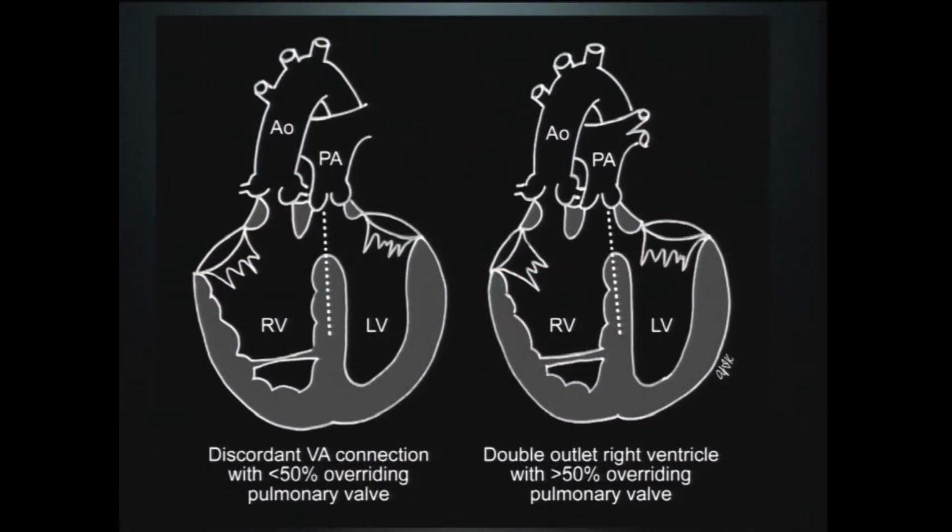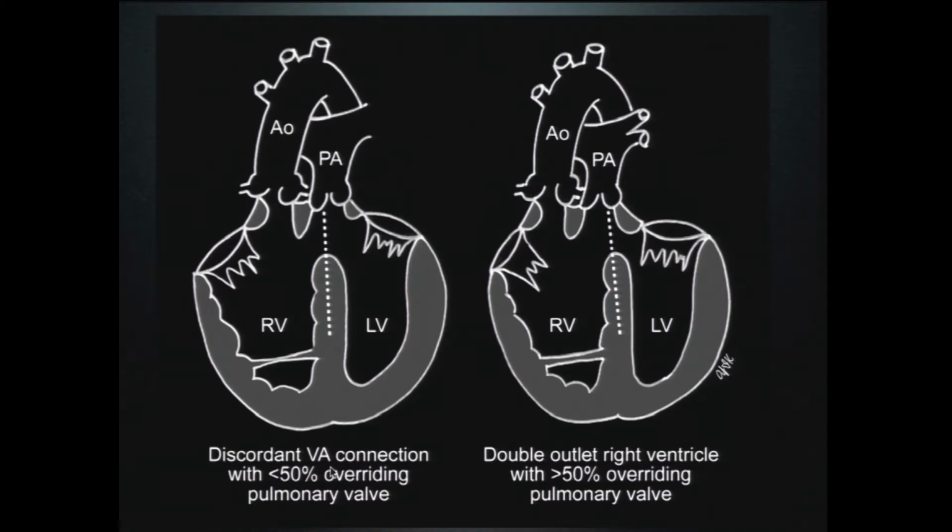To define that, because there can be a concordant and discordant connection versus double aortic right ventricle, we need to have a certain criteria. So usually we use that 50% override rule. This is not really a functional classification, but this is for the registry or any way you need to divide into two.